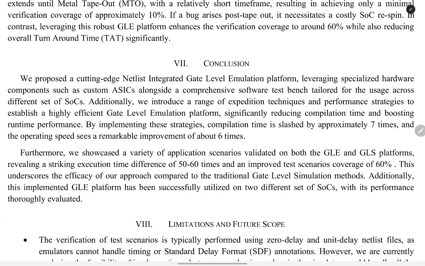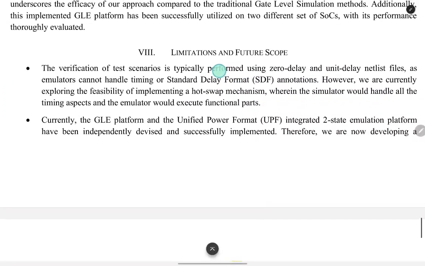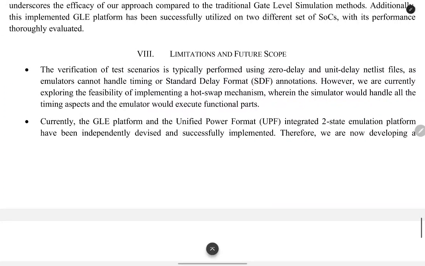This underscores the efficacy of our approach compared to the traditional gate-level simulation method. Additionally, this implemented GLE platform has been successfully utilized on 2 different sets of SoCs, with each set's performance thoroughly evaluated. Now the limitations and future scope, Chapter 8.